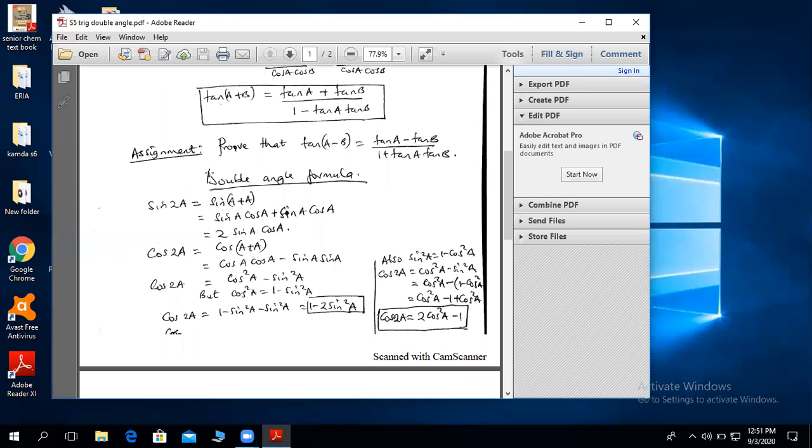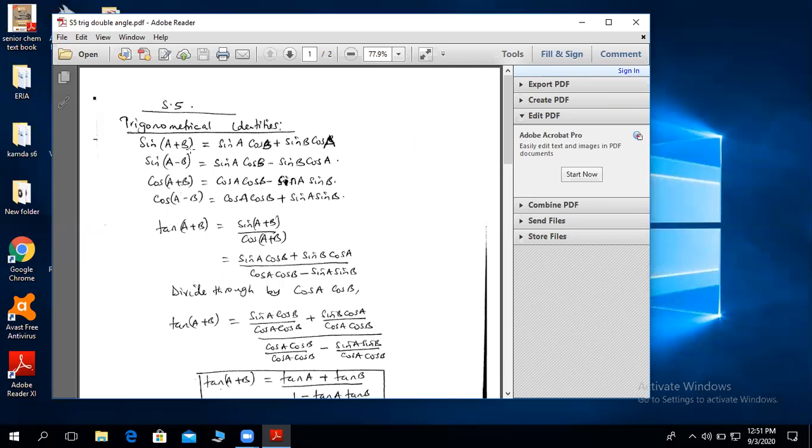Now, how will those trigonometric ratios help us? Double angle formula. Now, I have sin 2A. It means here where there was A+B, instead I have A+A. I hope you are getting me. So sin 2A means where there was B, I will put there A also.